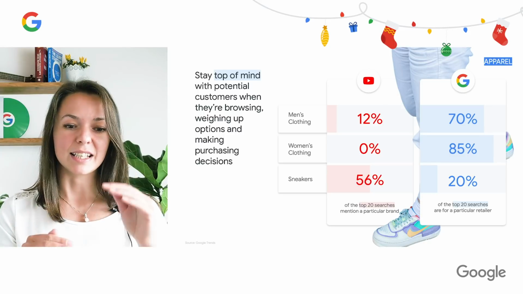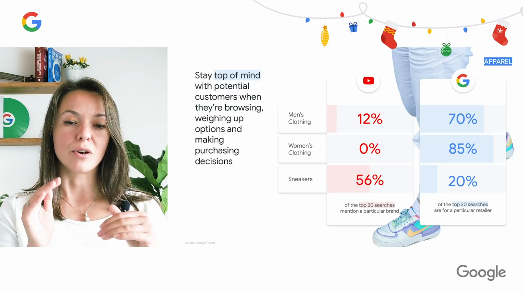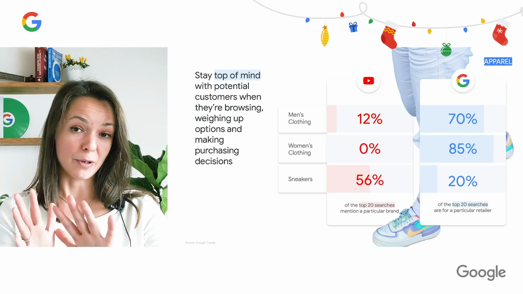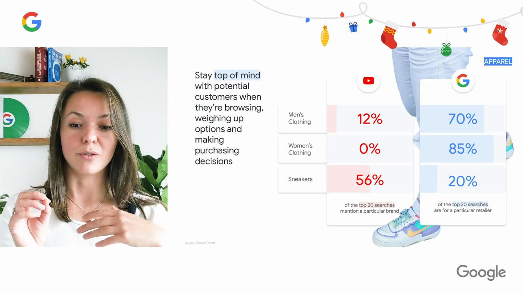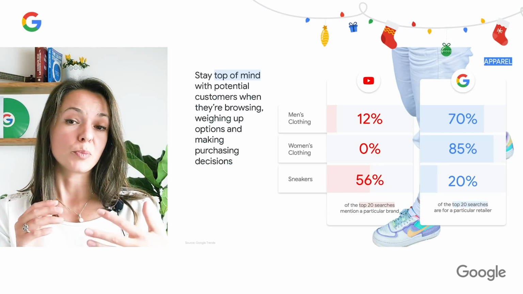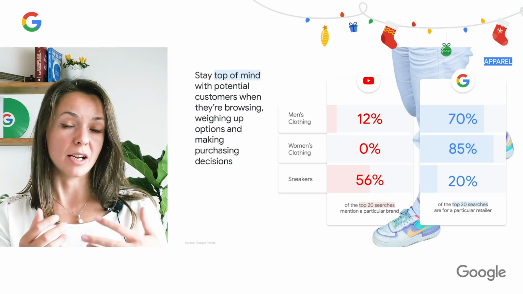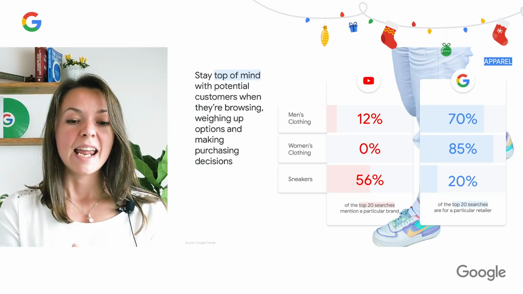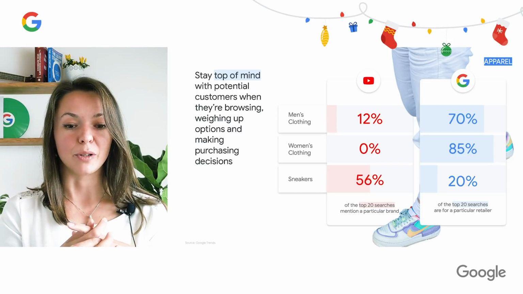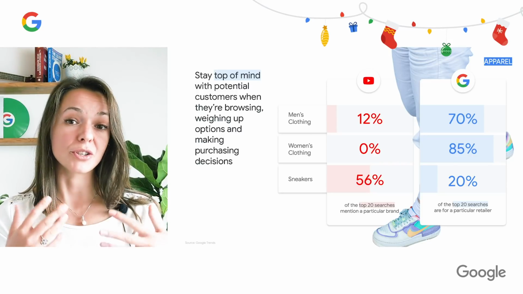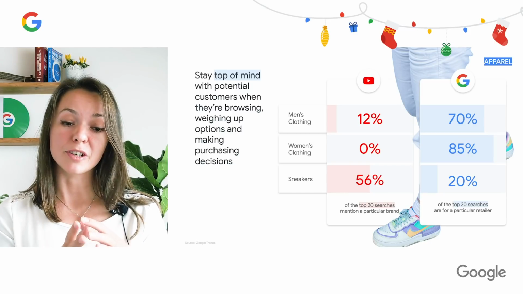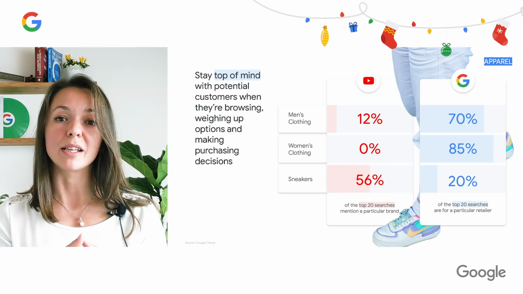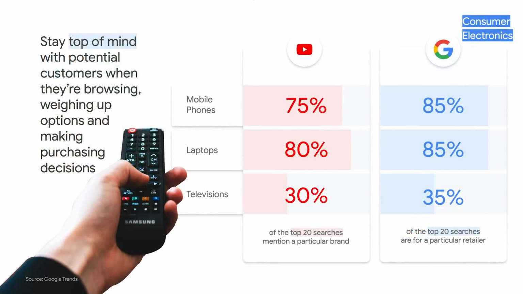And so you see that a lot of those searches, for example clothing, happen on Google search, but interestingly for sneakers, the top searches didn't necessarily mention a specific retailer. They were just searches of sneakers. Now, when it comes to YouTube, for example, the top searches on YouTube would mention specific brands when it comes to sneakers, but then for men's and women's clothing, not so much.